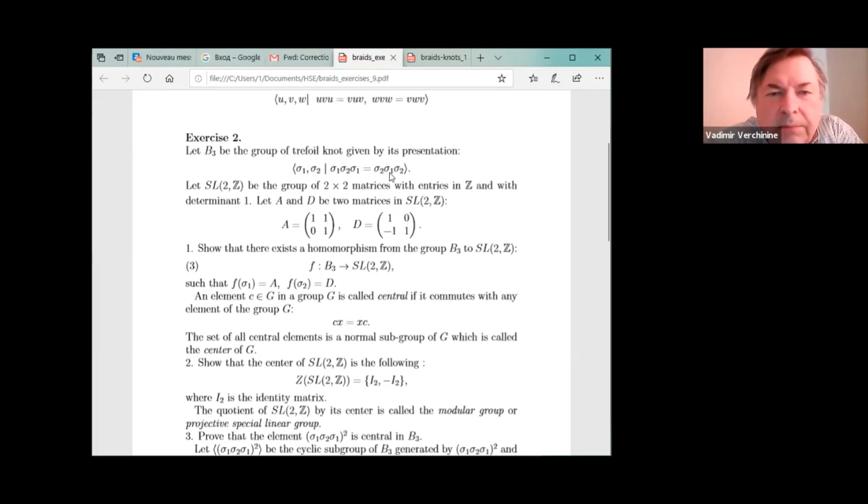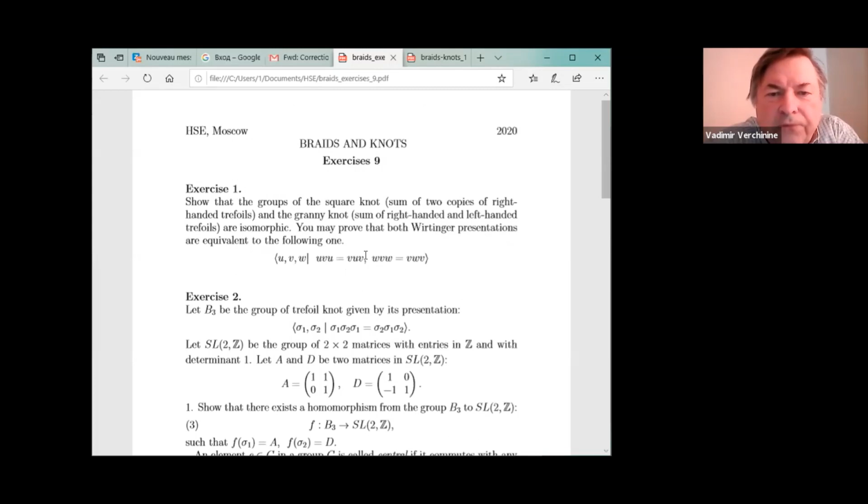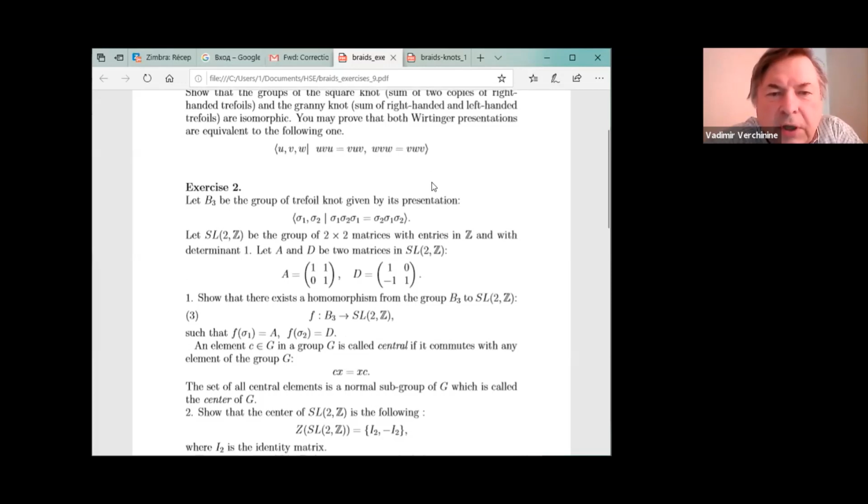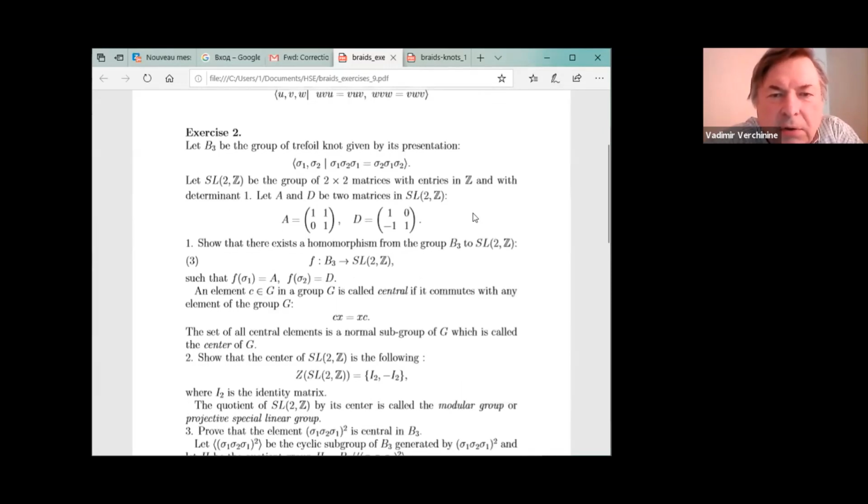But you know that we met this group in the previous context. This is the group of trefoil, and the same relation that we already obtained in our context.